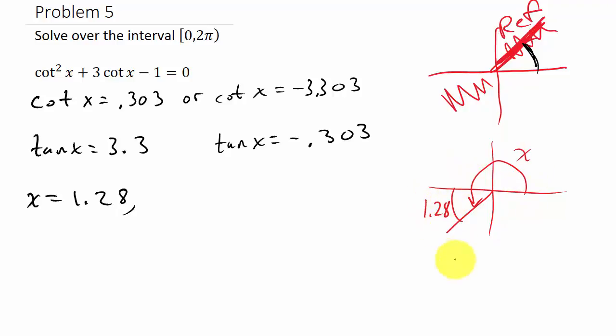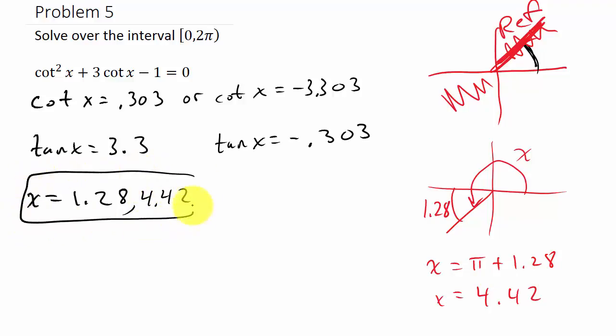So x is going to be pi plus 1.28, which is 4.42. And there are all my solutions for this one between 0 and 2 pi.